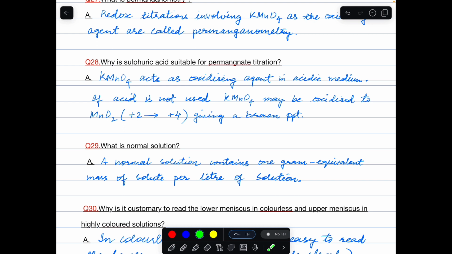If acid is not used, your potassium permanganate will be reduced to manganese dioxide, that is, from plus 7 oxidation state to plus 4 oxidation state, and you will get a brown precipitate. So when you are doing titration, if you are getting something brown in the medium in the conical flask, that means you forgot to add sulfuric acid. Be very sure when you are doing your titration and preparing your solution, you have to add sulfuric acid as guided by your teacher.